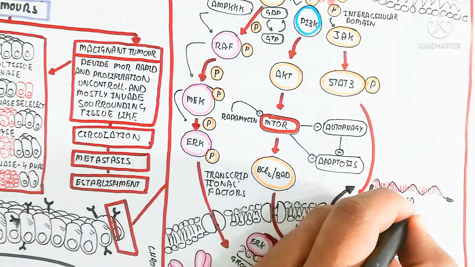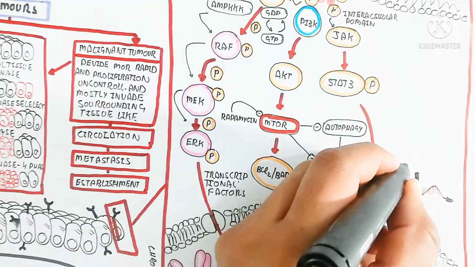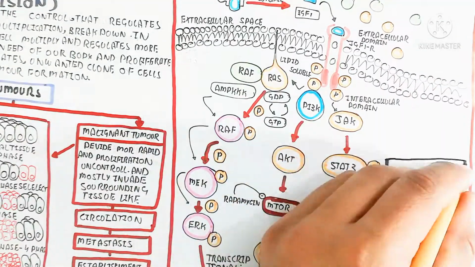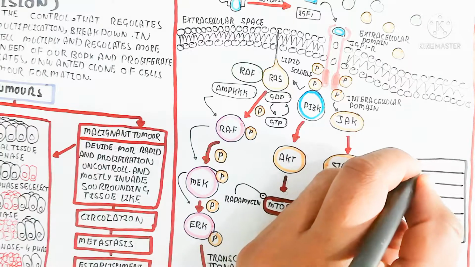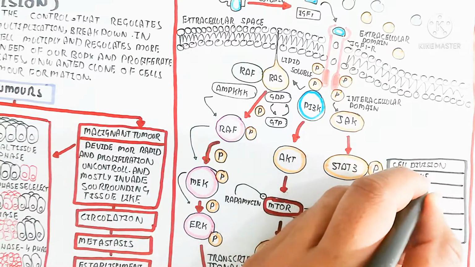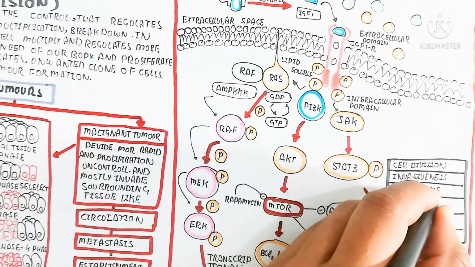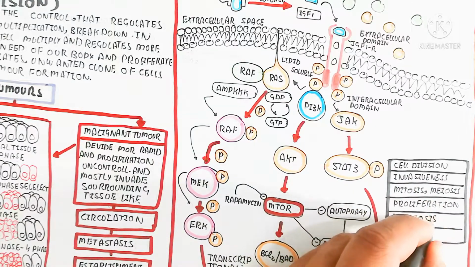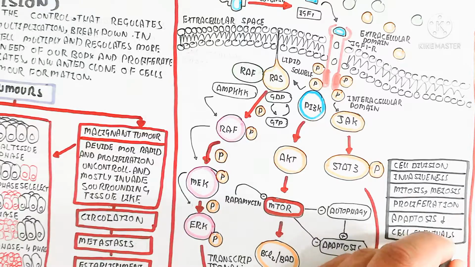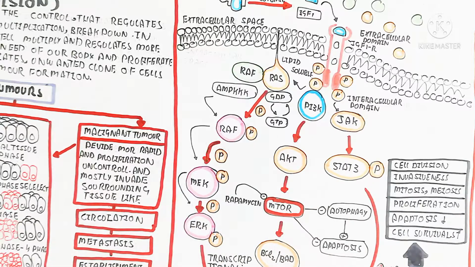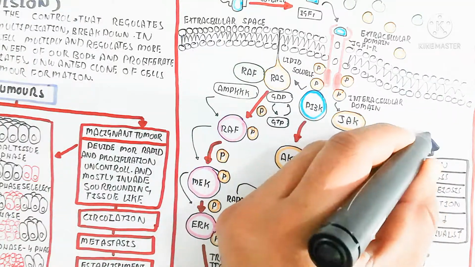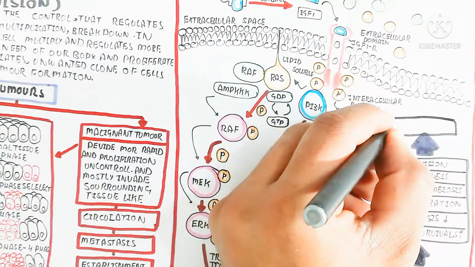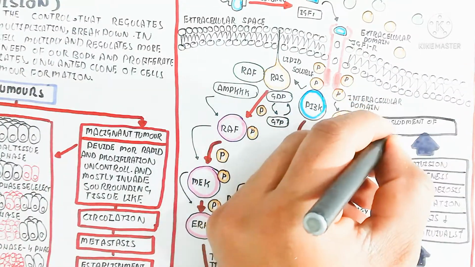So here the messenger RNA will be produced from the different mechanisms, and in this way after binding with the transcriptional factor, the desired messenger RNA is produced on the basis of growth factor binding stimulation, leading to cell division, invasiveness, mitosis, proliferation, decreased apoptosis, and increased cell survival, and development of cancer cells will occur.